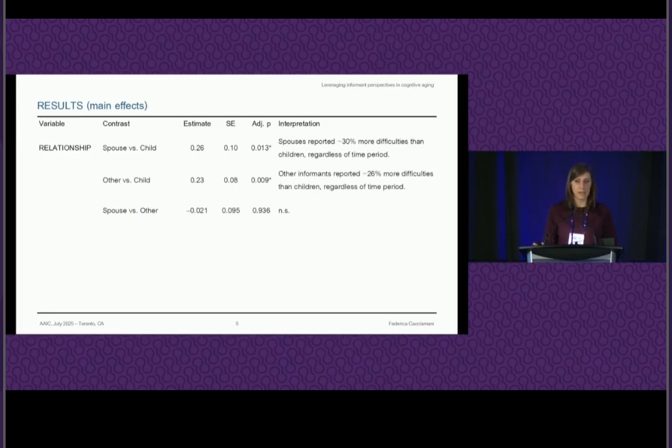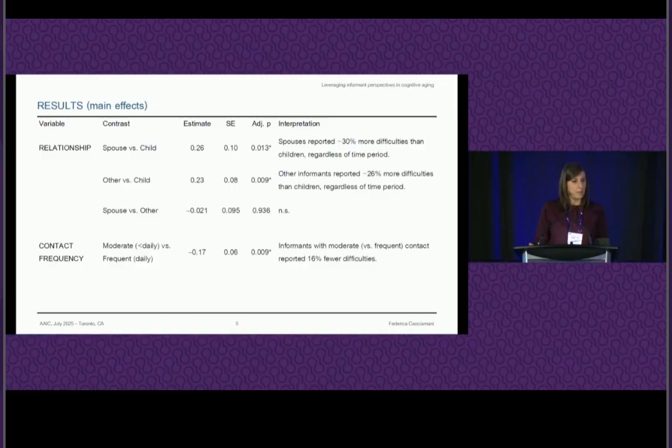We looked at the main effects, and we found that spouses and other informants, so paid caregivers and friends and other relatives and siblings, reported around 30% more difficulties than children, regardless of time. And informants with moderate, so non-daily contact reported 16% fewer.